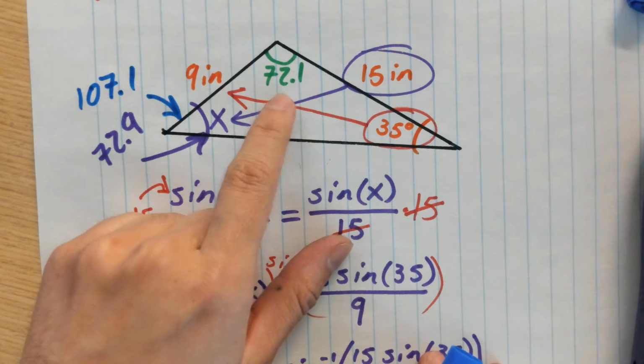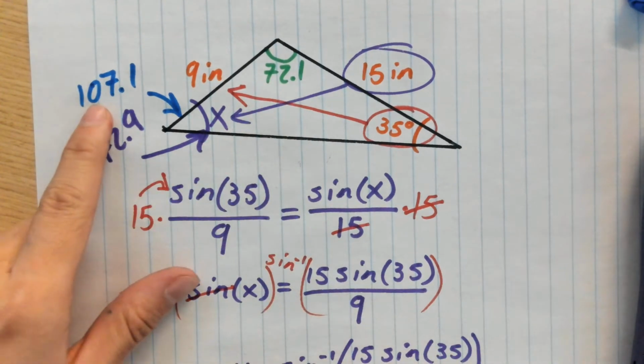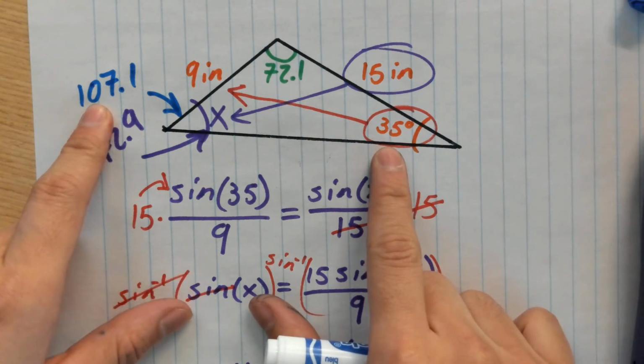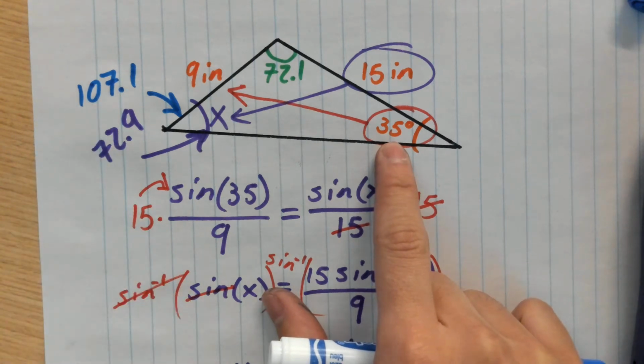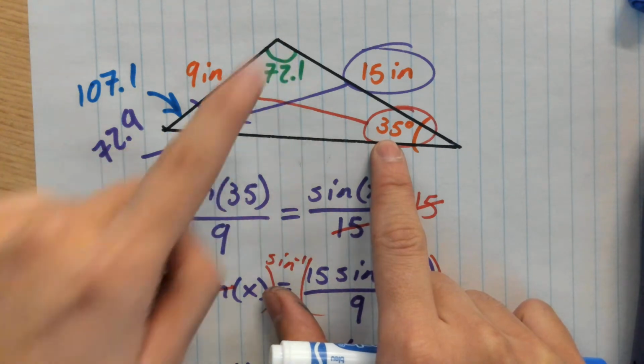Yeah, this will also have a second solution. Okay, the second solution for this one, well guys, 35 is the one that's going to stay the same because they gave it to you to be 35. So this one that was given, you cannot change it. The only one you can change is 32.9 and 72.1.